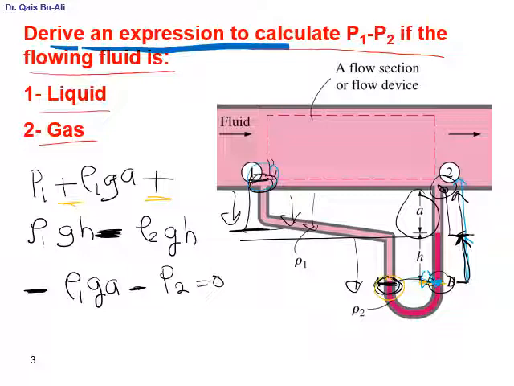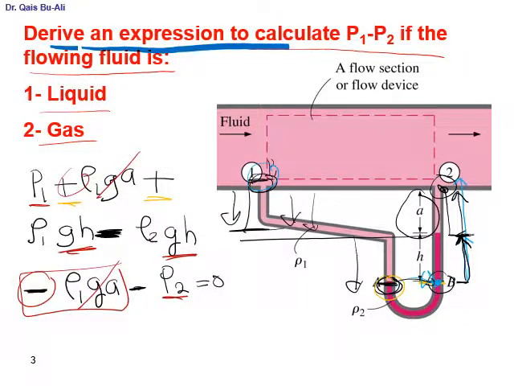Now he's asking for P1 minus P2. So I will get rid of some of the terms that I don't need. I can cancel this term with this term, as you can see, they are the same: this one with negative sign, this one with positive sign. I can take GH as a common factor, similar to what I have done before.